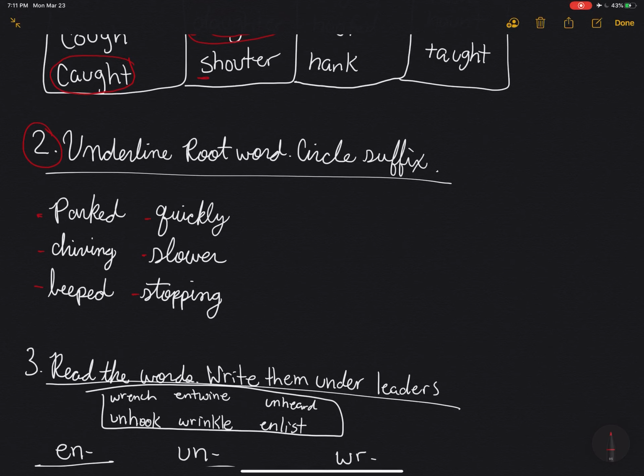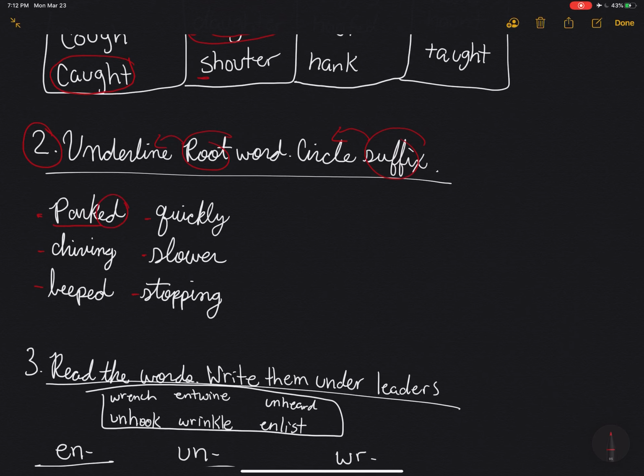I'm going to explain what this wants you to do. So with parked, you find the root word. When you find the root word, you underline it. Park. When you find the suffix, it wants you to circle it. So with parked, the root word is park. The suffix is ed, which says t.